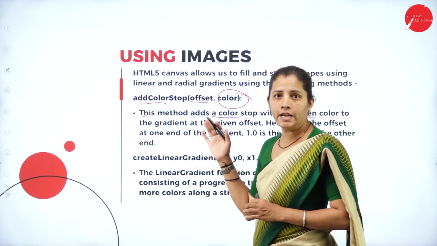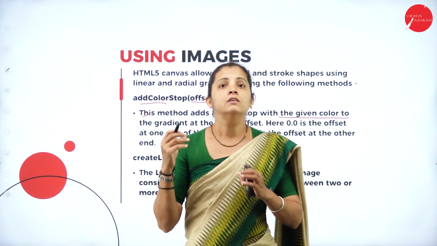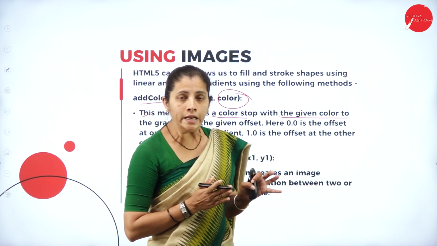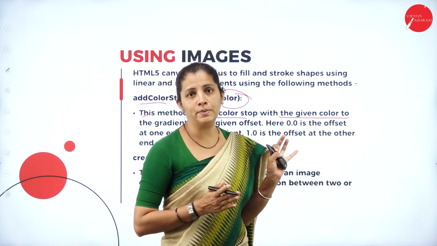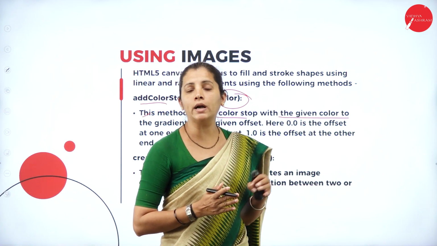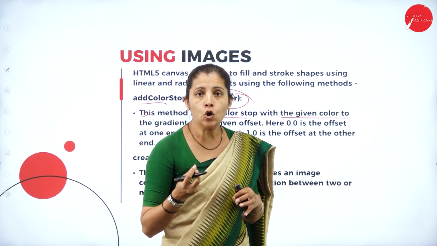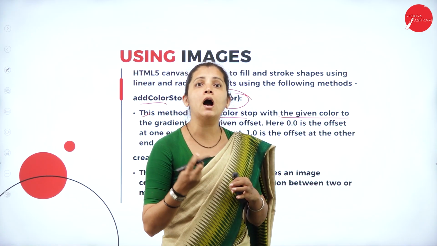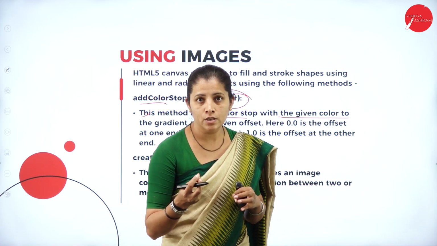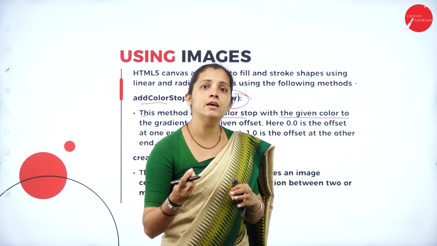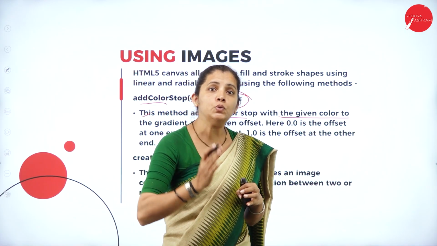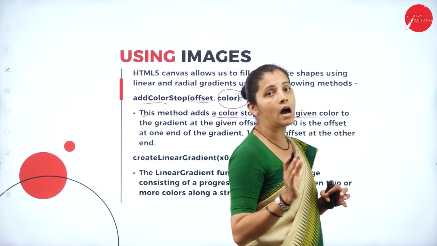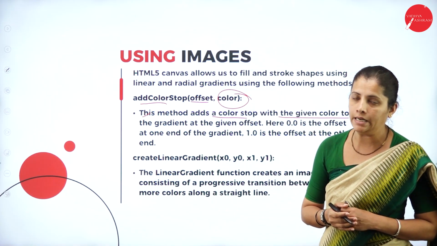So what is a gradient? Dear student, we already discussed this concept in our second unit. A gradient is a combination of two or more colors, that is, the transition of two or more colors is known as a gradient.